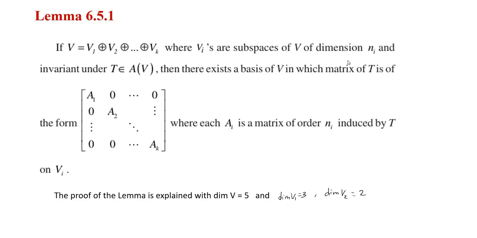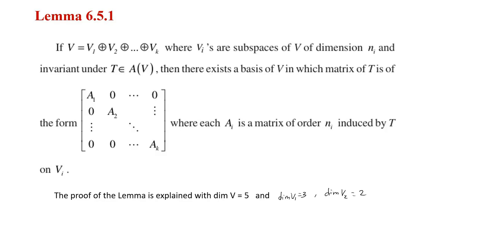See, we know from section 6.4 that whenever W is invariant under T, T will induce a linear transformation. So whether you consider V mod W, you have another vector space, and whenever W is invariant under T, you can always talk about another mapping.